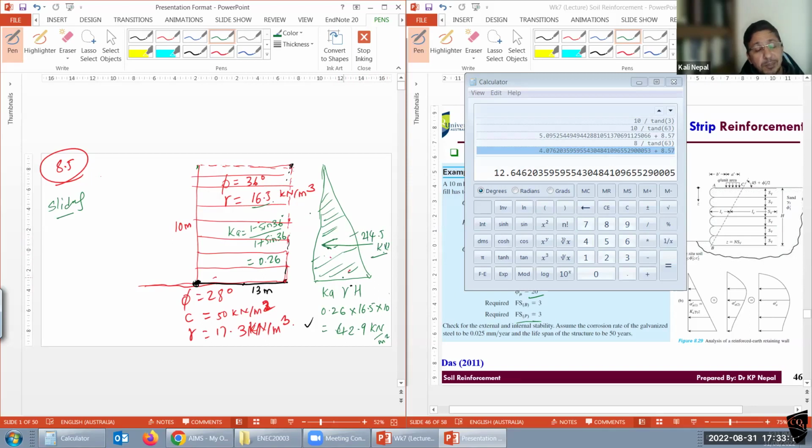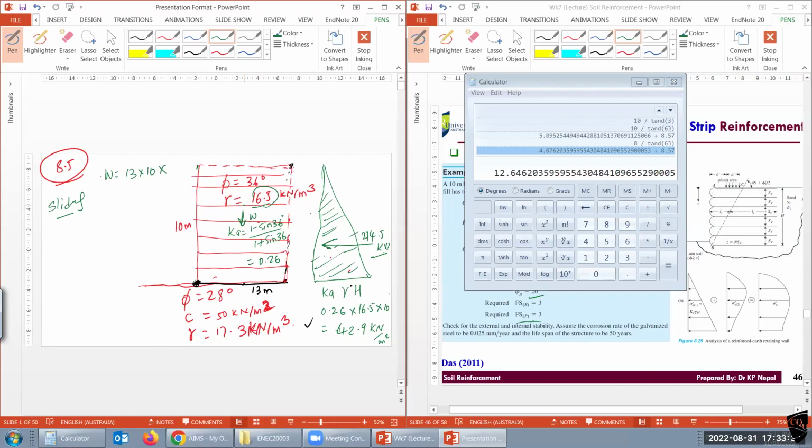It's kilonewton, right? Force. So now, what is the vertical? Vertical total weight of this block, all of it, W. And what is the area? 13 times height 10. And what's the density? Density of soil, we can use the same, because keeping reinforcement will not change that much, we just provide a few strips around. So can I use 16.5 now?